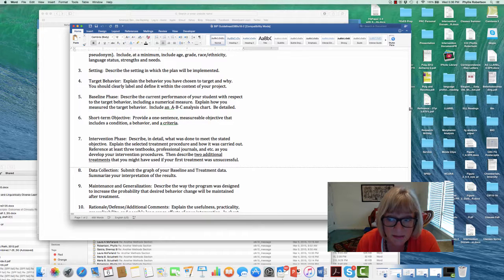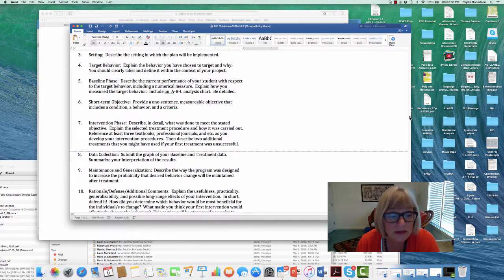For number 9, maintenance and generalization, you need to be thinking about how you're going to encourage the individual to maintain that behavioral improvement over time without as much intervention from you, or once your intervention ceases. So that's maintenance, and then you need to think about how it will be generalized to other settings or with other people.